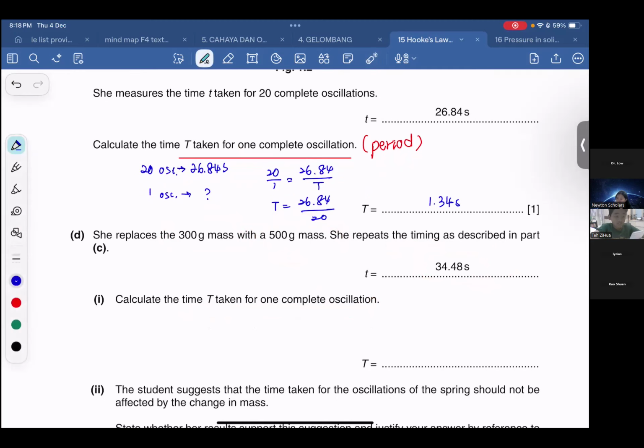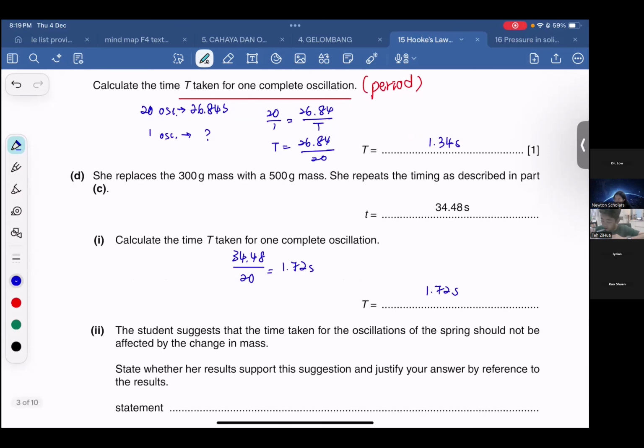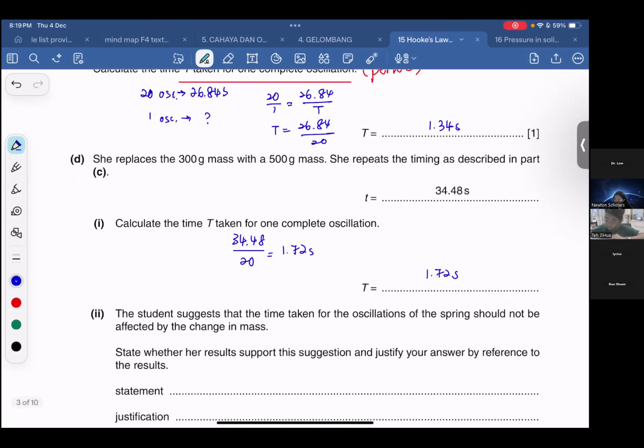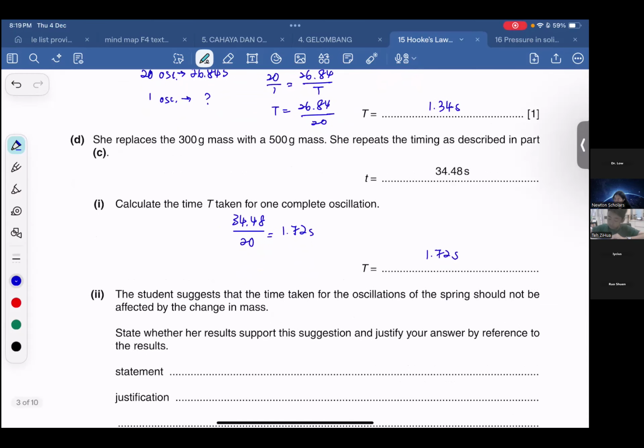Crystal, correct. Angeline, correct. Zihua, correct. Okay, so you will get 1.72 seconds.